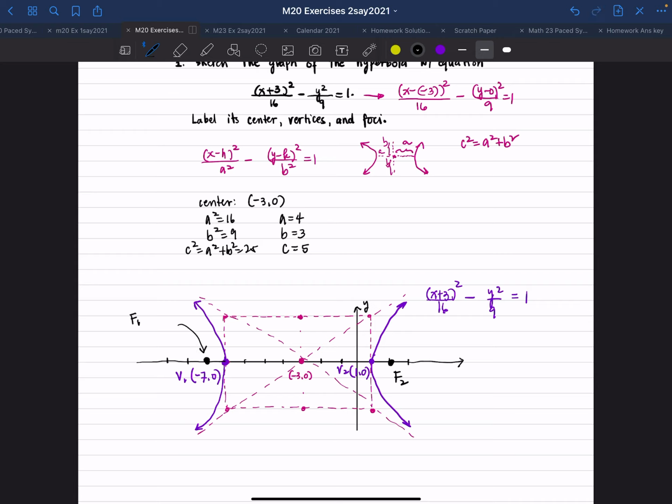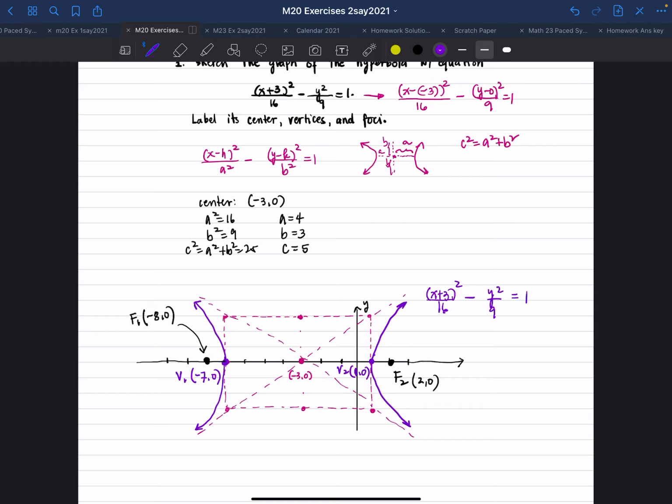So F1, the coordinates is negative 8, 0. F2, the coordinates are 2, 0. Ay, meron na. Label its center, vertices, and foci. So there you have it. So that is the graph. So yun lang naman yung importante, center, vertex, and foci pag pinapalabel.